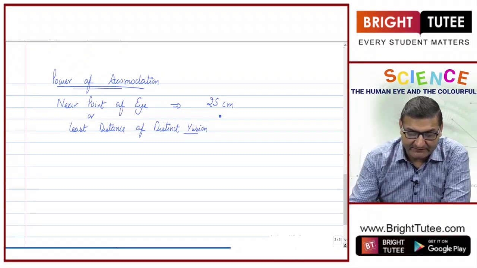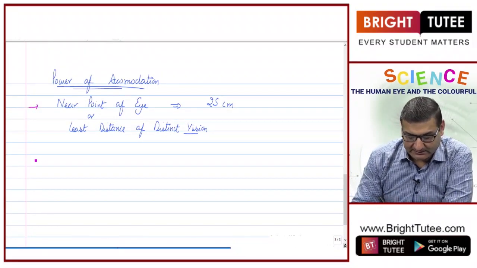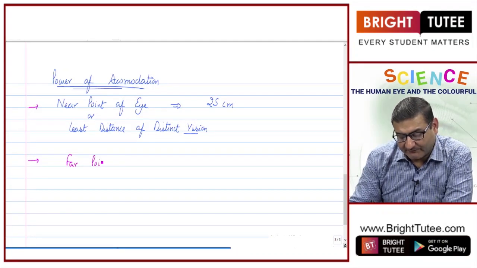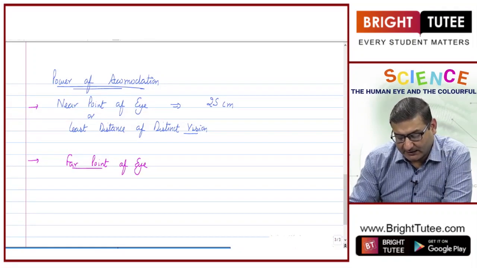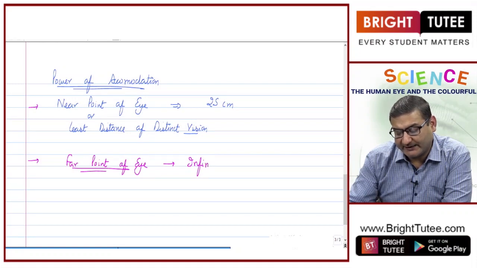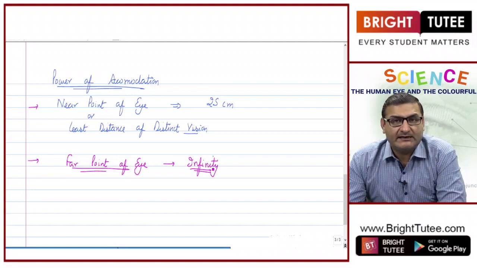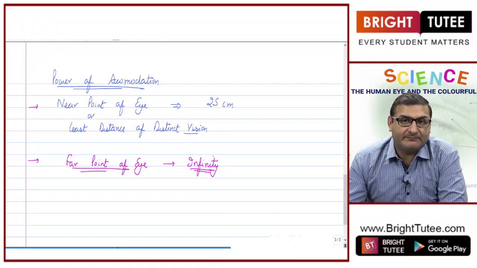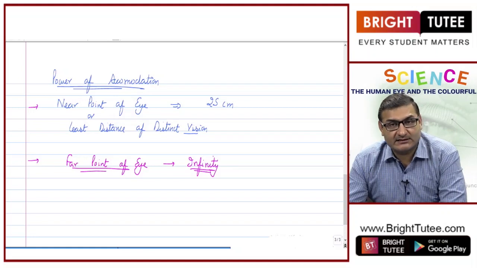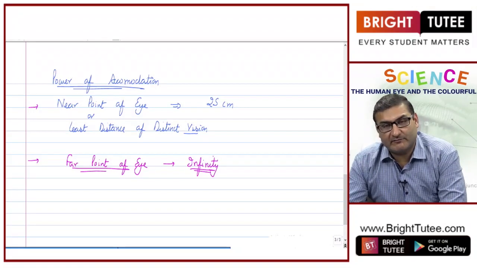As far as the far objects are concerned, our human eye has a far point. As we had a near point, we also have a far point, which is infinity. That means a normal human eye can see objects even placed at infinity. Now the students ask, sir, can we see America from here, from our house?